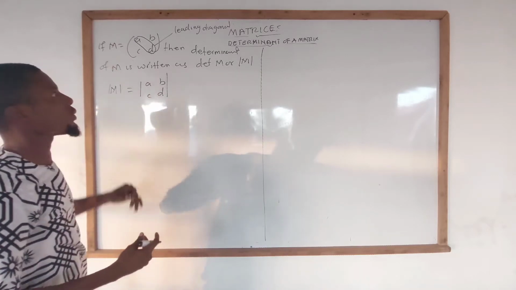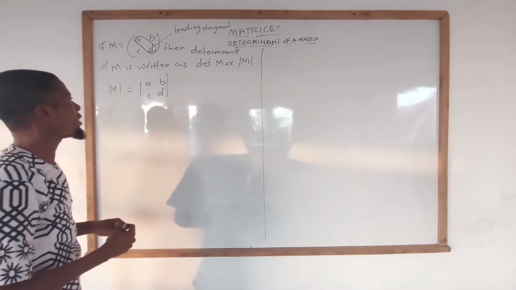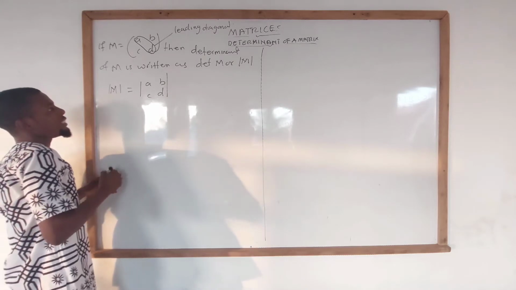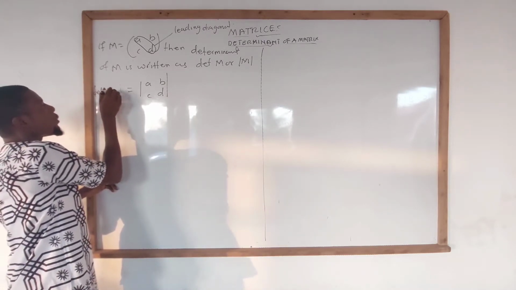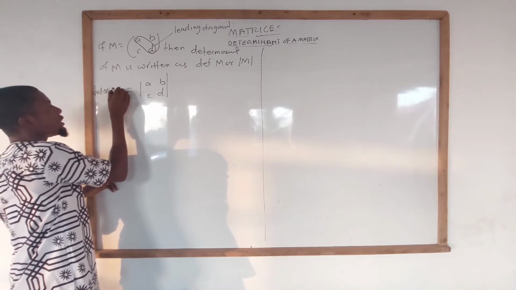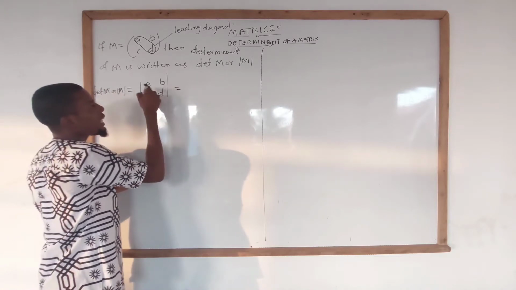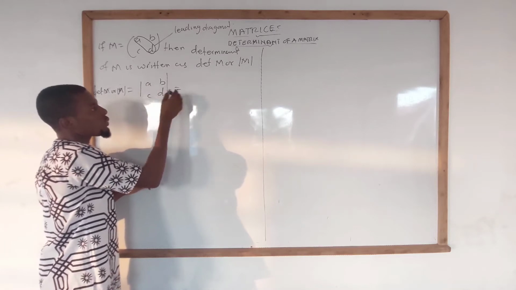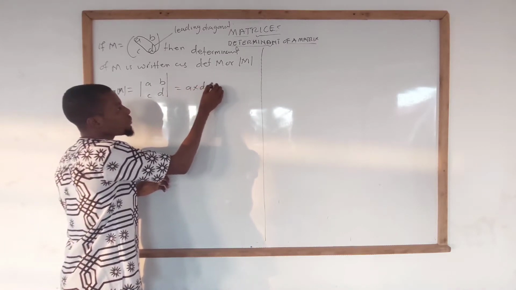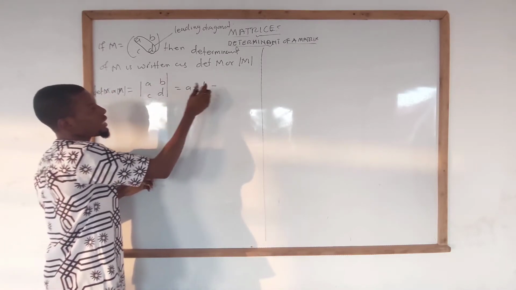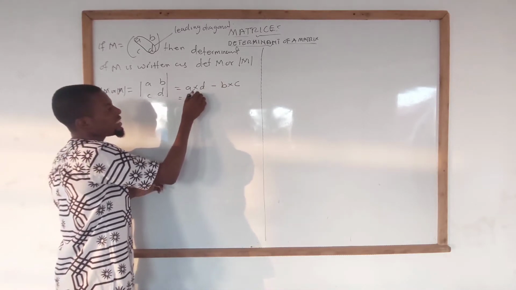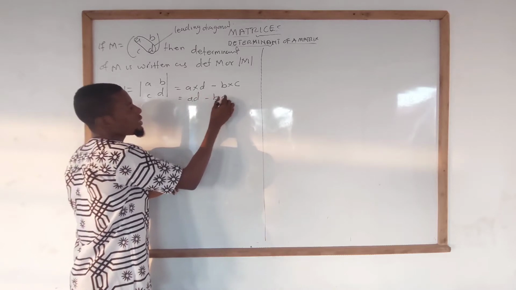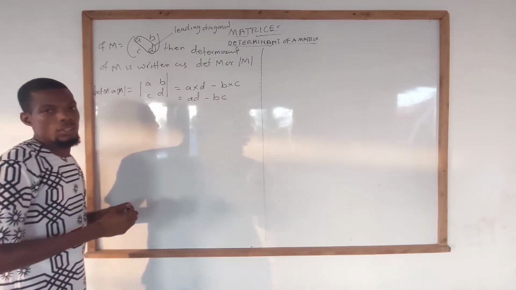Now the determinant of M is given by the multiplication of the leading diagonal, that is A times D, minus the multiplication of the other diagonal, B times C. So it's going to be AD minus BC.